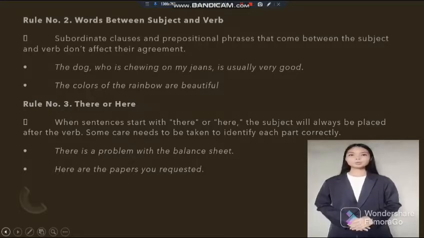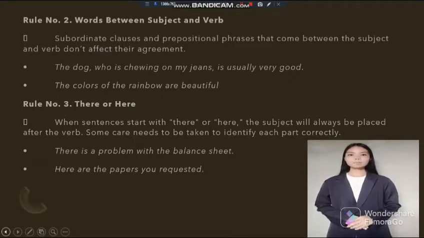Rule number 2, words between subject and verb. This explains that subordinate clauses and prepositional phrases that come between the subject and the verb don't affect their agreement. For example, the dog who is biting on my jeans is usually very good. The subject in this sentence is the dog, followed by the subordinate clause who is biting on my jeans, and the verb is.